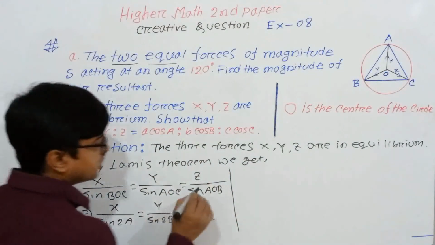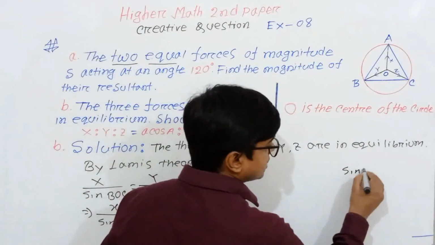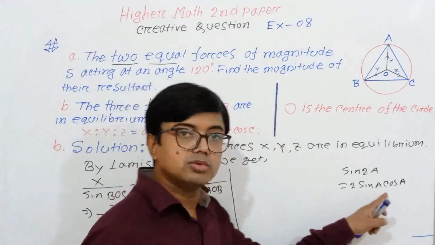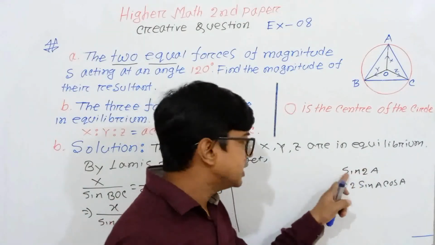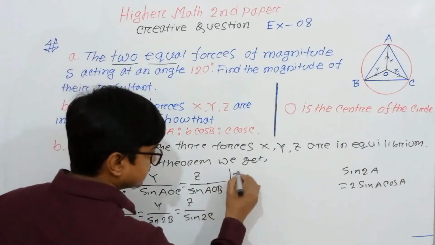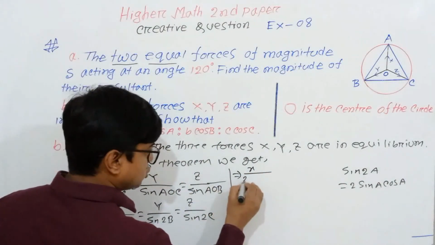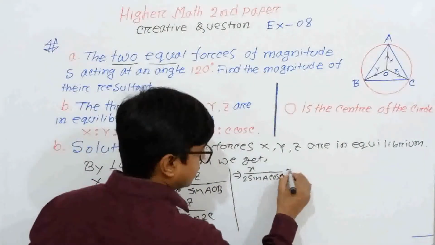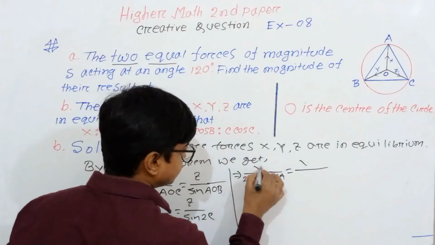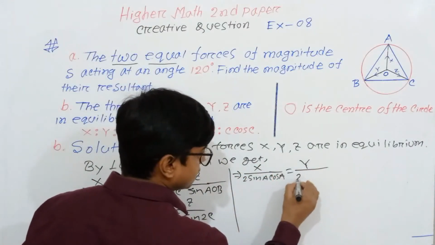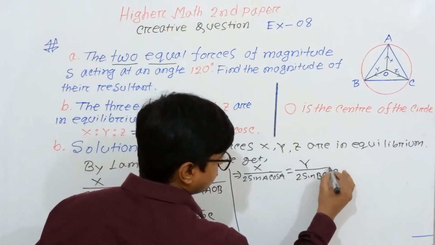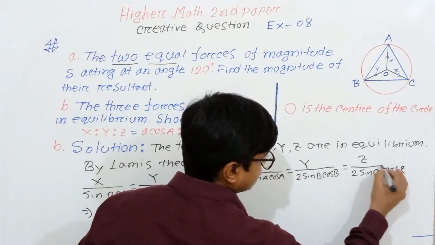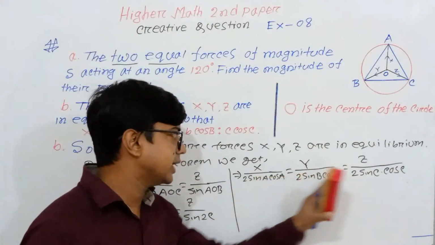And we know that the formula of sine 2A equals 2 sine A cos A. This is the formula of sine 2A. That's why we can write here X by 2 sine A cos A. Similarly Y by 2 sine B cos B equals Z by 2 sine C cos C. And look at this here, 2 and 2 and 2, they are the same.